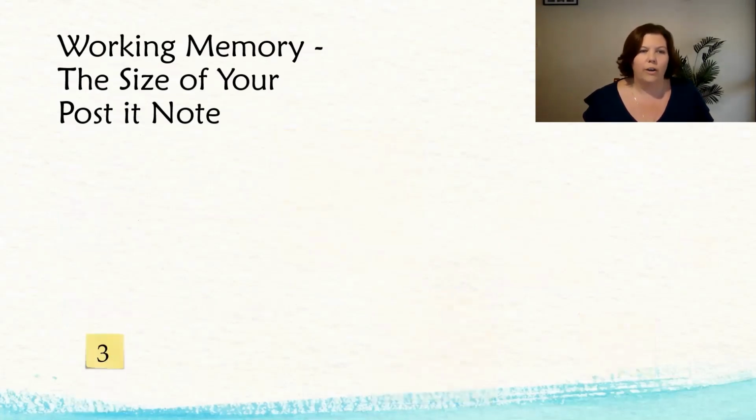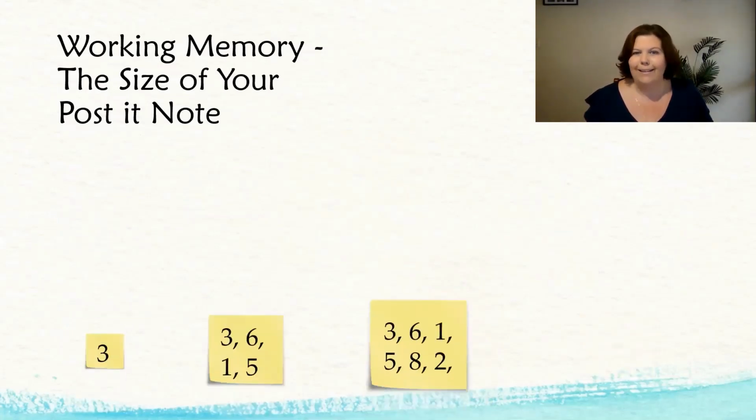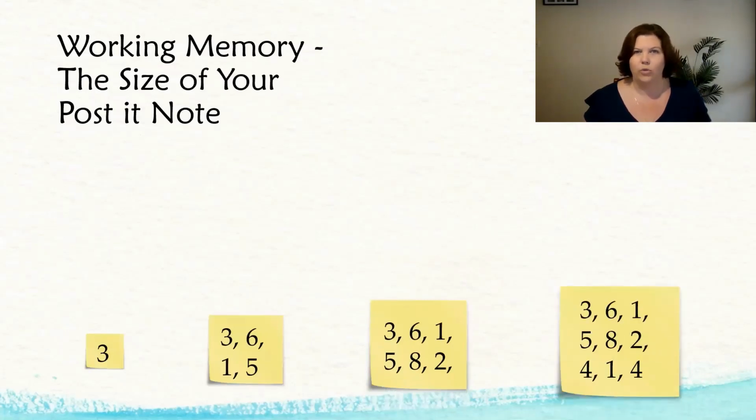So I've kind of represented the amount of information that children can hold. And generally in the literature, I see figures ranging from 4 to 7, 4 to 8 pieces of information. I've just gone with 4 today because that seems reasonable. You can see on the right-hand side, that would be someone with extremely good working memory.